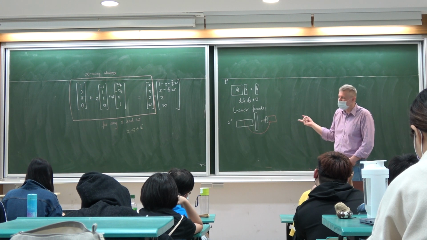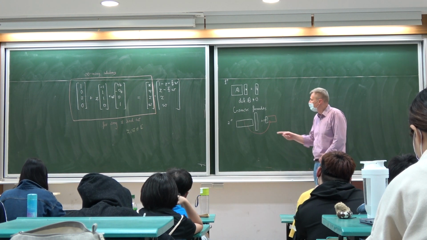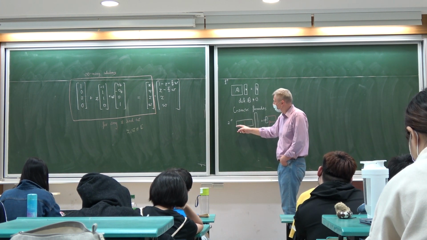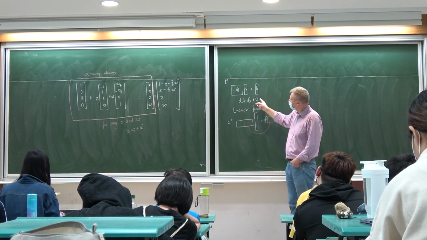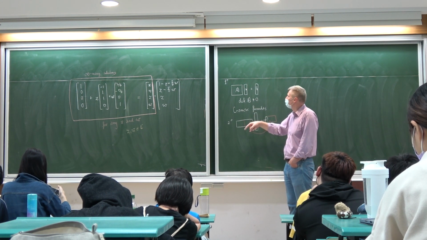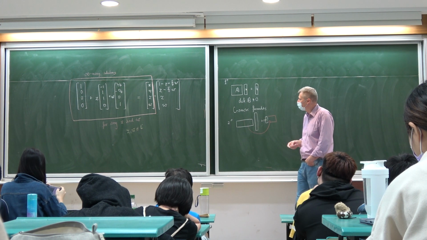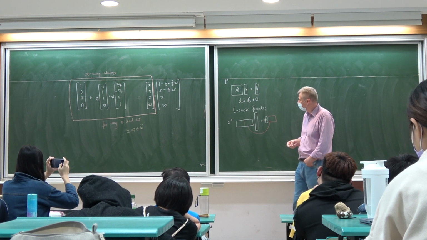Well, it's difficult to write it in this form, but after doing that, we got a square matrix here, whose determinant was non-zero, so we could again use Cramer's formulas for the new problem.